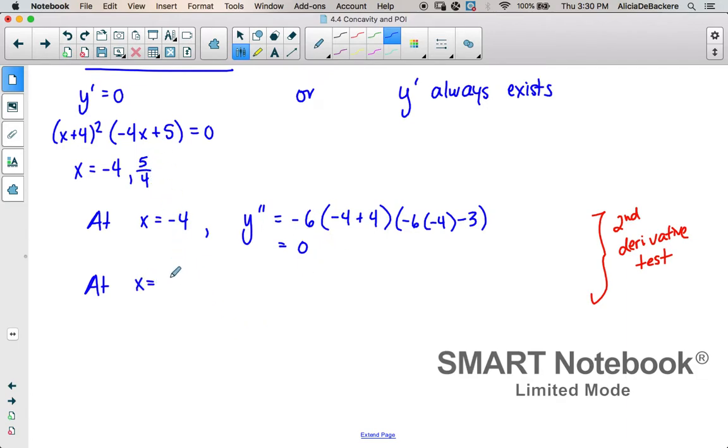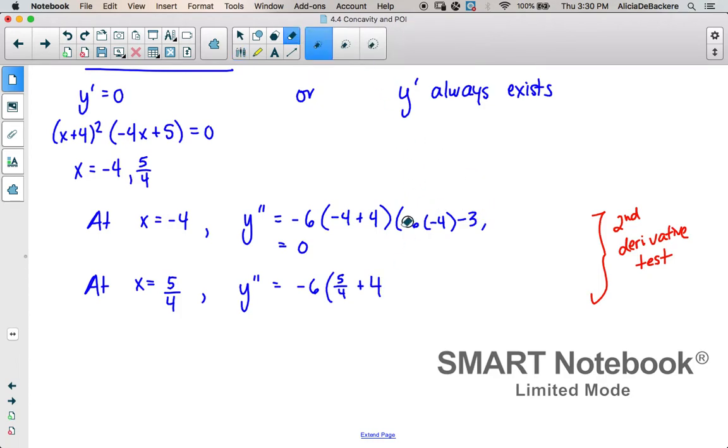At x equals 5/4, no wait, hold on. I copied this down wrong over here. This should be 2 times -4. Sorry, not being able to see it all on one screen makes it tricky. But it still comes out as 0.